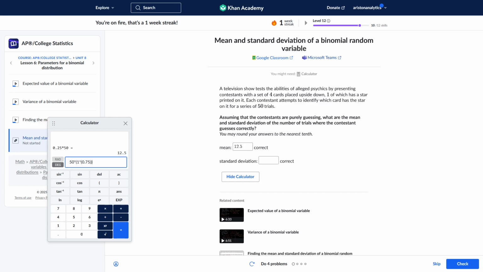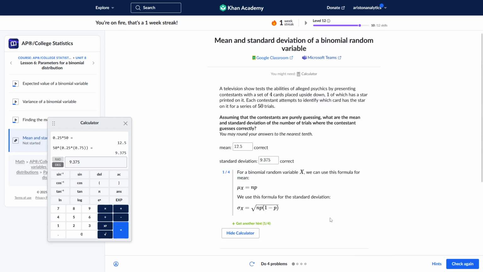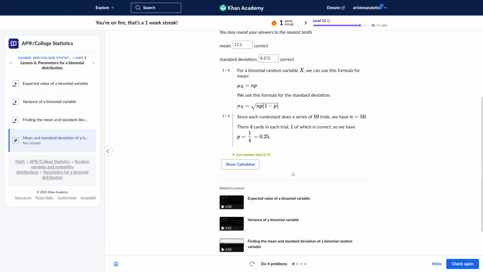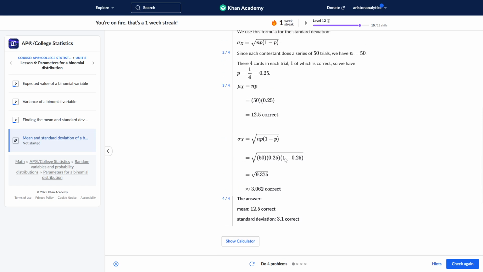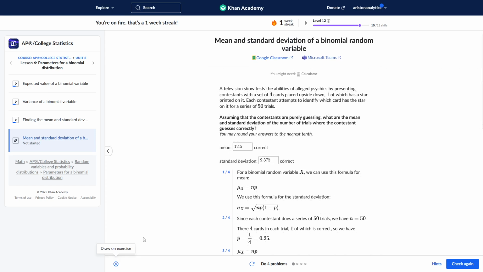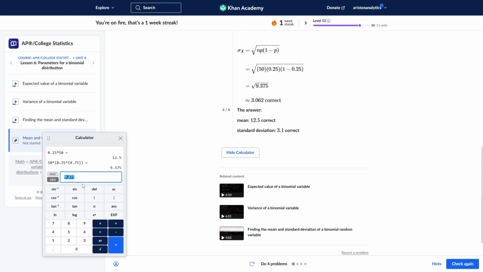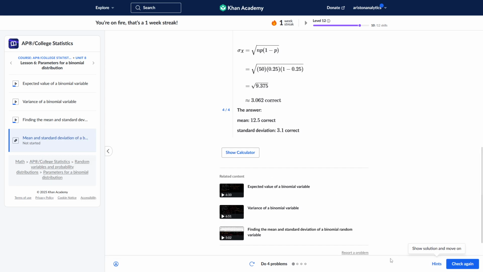Is that right? No. Let's see where we went wrong. Fail hard, fail fast. Did I forget the square root? Yeah, I did. Okay.